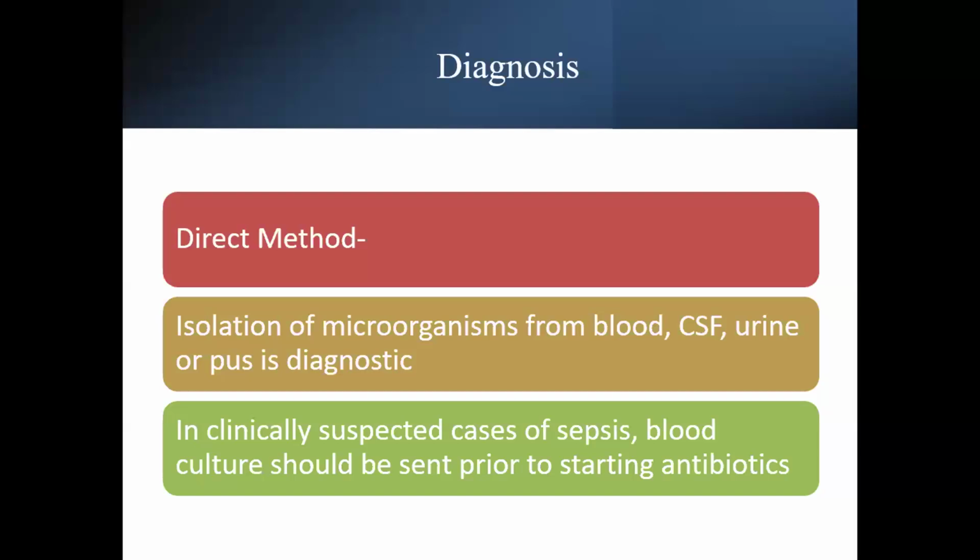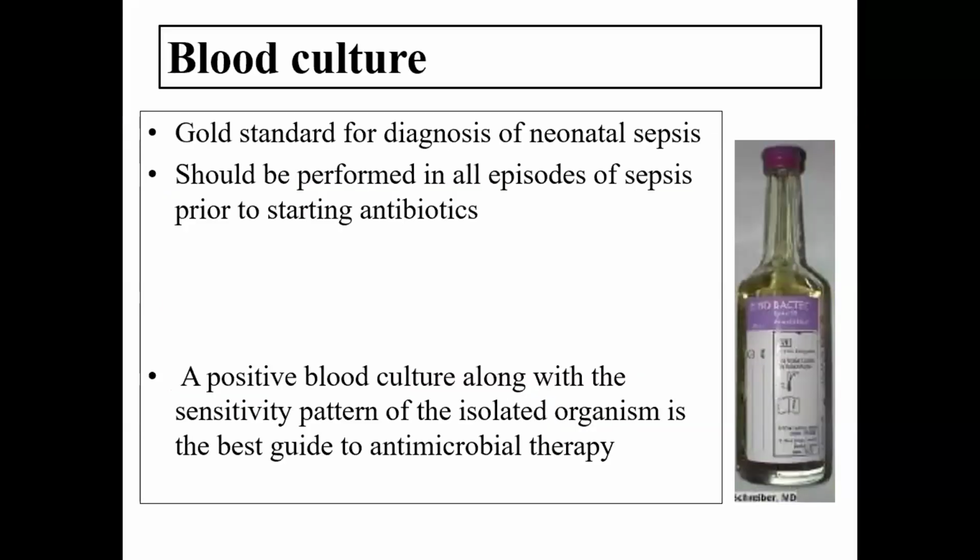So if you are not getting enough blood in the baby, prefer sending blood culture, at least 1 ml to the lab. And the issue with the blood culture is that you need at least 1 ml of blood so that the ratio is properly maintained with the broth. So 1 ml blood culture is important.